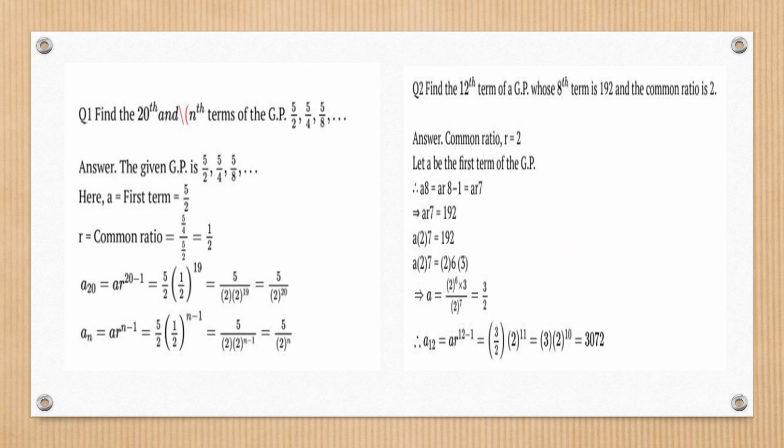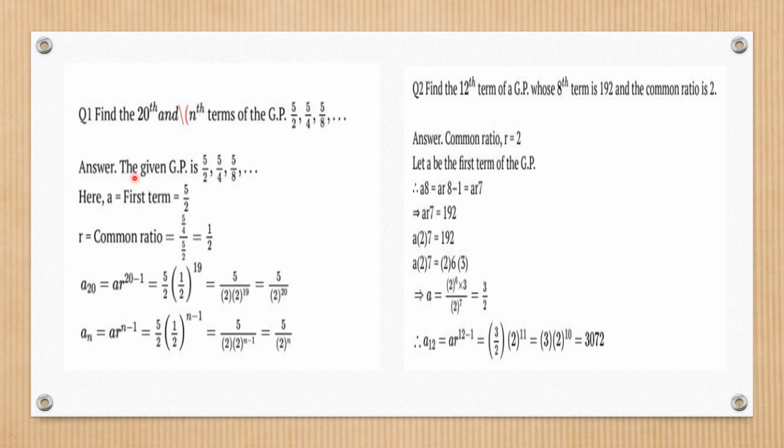What does this say? Find the 20th and nth term of the GP 5 by 2, 5 by 4, 5 by 8 and so on. Now see, it is given that it is a GP, but we can also check it. 5 by 2 multiplied with 1 by 2 will give you 5 by 4, again multiplied with 1 by 2 will give you 5 by 8 and so on.